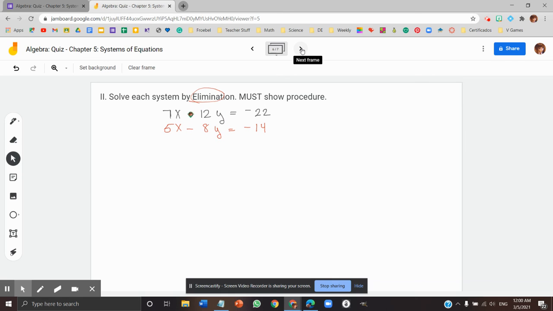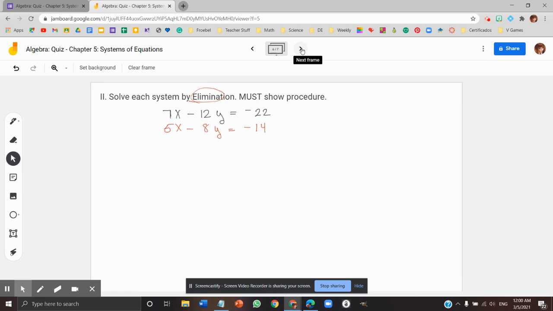So I have to think about a number that I can multiply the entire equation by, so I can try to cancel some of those variables. In this example specifically, I'm going to focus on canceling the y's. So what number do you think I can multiply that 12y and that 8y by so I can cancel them?